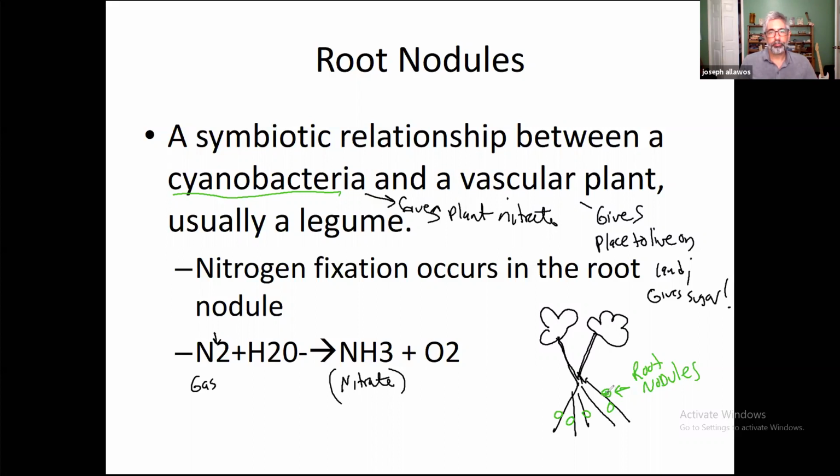Now, you know, one of the things you might consider doing if you're growing a garden and you're planting beans or peas for the first time in the soil, they sell inoculant, and the inoculant is literally this cyanobacteria, and there are different species, and so you would want to make sure you got the right one for your beans or your peas.